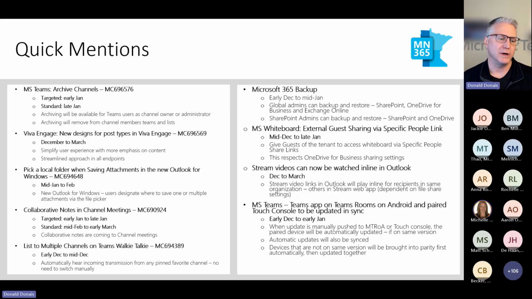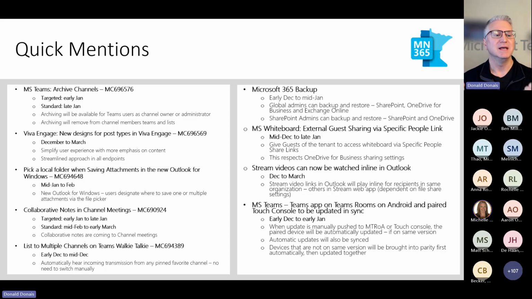And then one thing around Teams Rooms on Android that I want to mention, early December to early January. If you have Microsoft Teams Rooms on Android, there's going to be a feature coming up where, if you have a touch console associated to that MTR OA, when an update gets pushed out to the MTR OA, it will also push it out to that touch console and make sure that they're up to date, right?